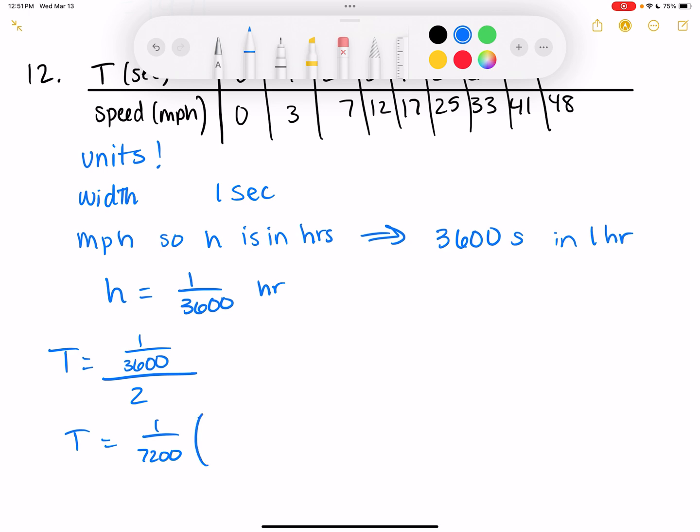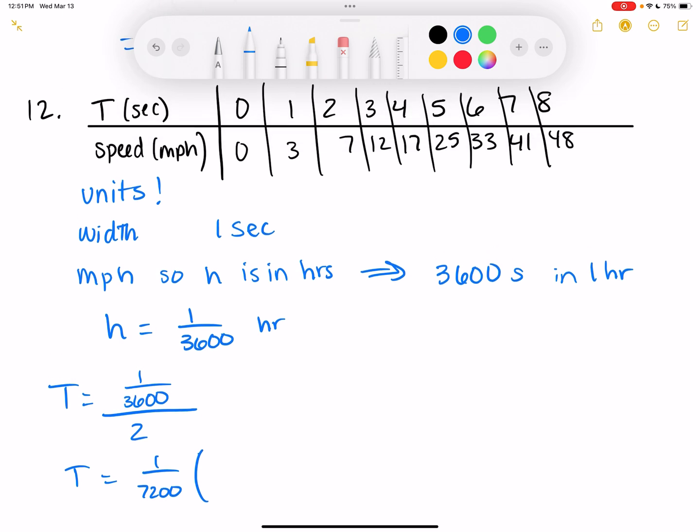Times, and then the process is going to work the same way as it did with the other one where they gave us the table. So 0 plus 2 times 3 plus 2 times 7 plus 2 times 12 plus 2 times 17 plus 2 times 25 plus 2 times 33. I'm running out of space. Plus 2 times 41 plus 48. Okay, it's smushed in there, but we got it under control.